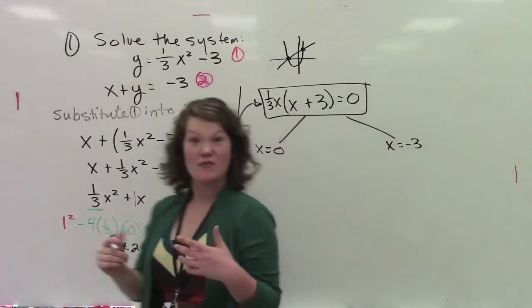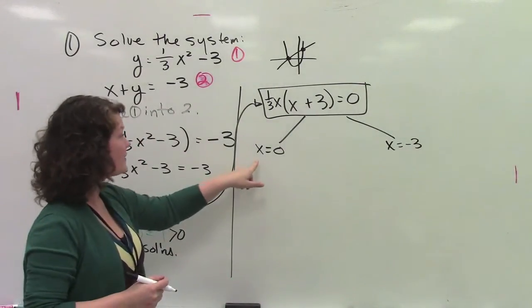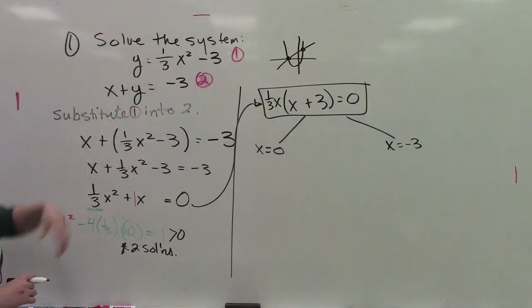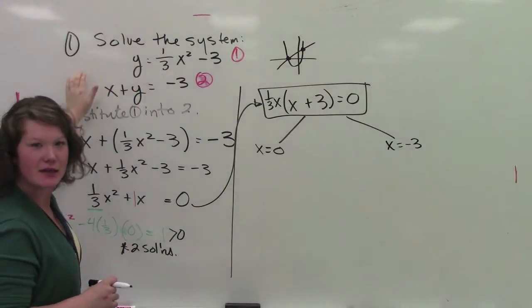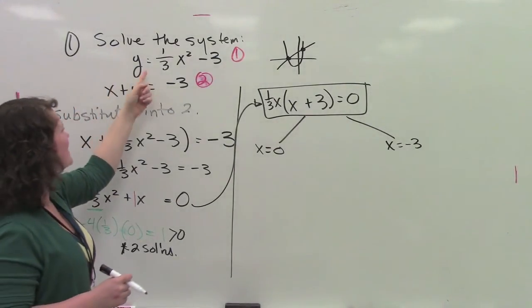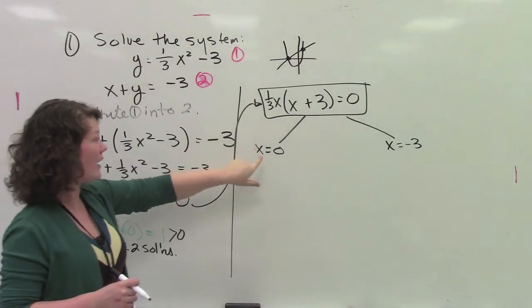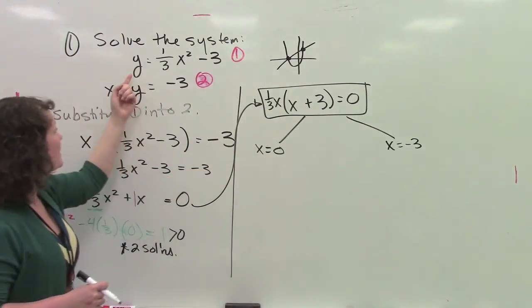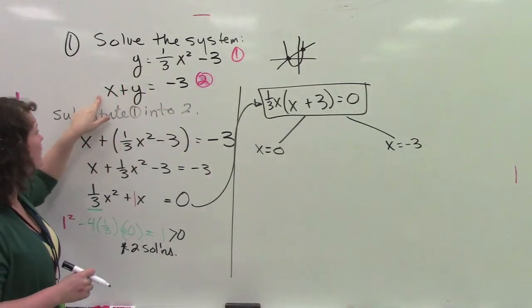Now, I'm going to take these x values and substitute them into one of these equations. I'm considering both of these equations here, and I'm thinking one is going to be easiest. Why? Because it says y equals. So whenever we are given an x point and we want to find out what y equals, this one's set up right for it. This one we have to do some fancy footwork.